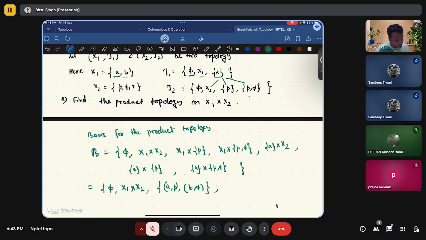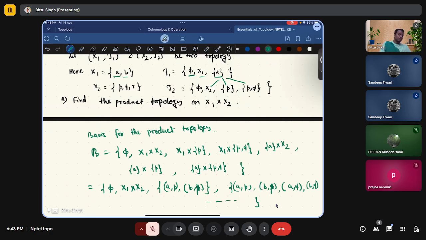Similarly, x1 cross pq now has more points: ap, bp, aq, bq. Similarly, you can get a cross x2 which has 3 points. Similarly, you can write all those elements.